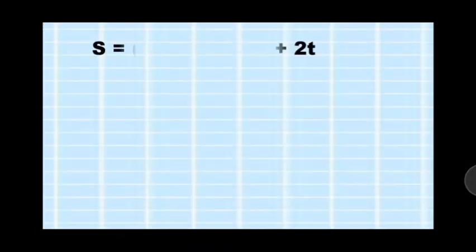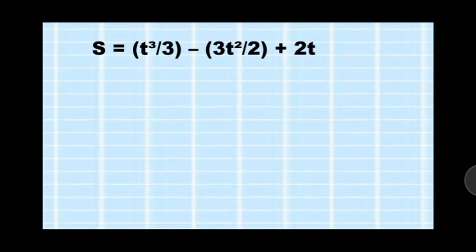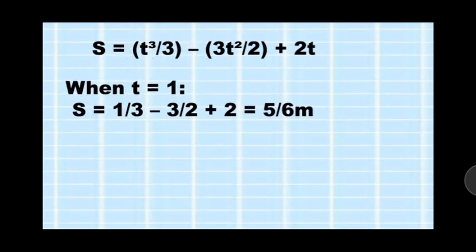So if we substitute back that, what do you think we're going to have? We'll have us substituting when t equals 1. It was at that point we have the object momentarily at rest. When t equals 1, let's substitute it to get the distance.